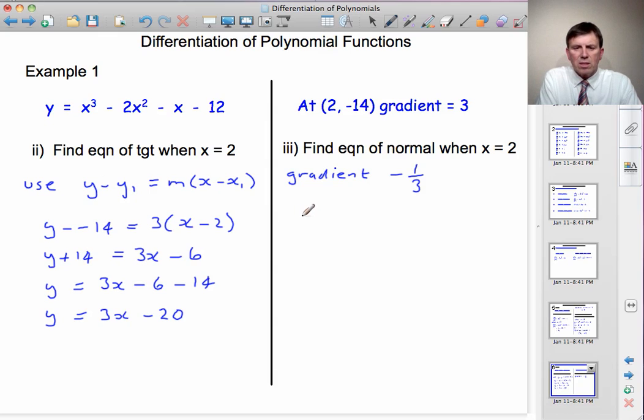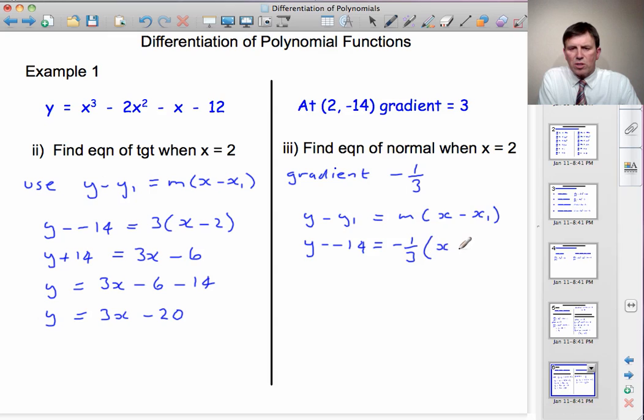Now then, same thing again, y minus y1 is equal to m times x minus x1. Still the same point, 2, minus 14, so it's y minus minus 14 is equal to minus 1/3 times x minus 2.